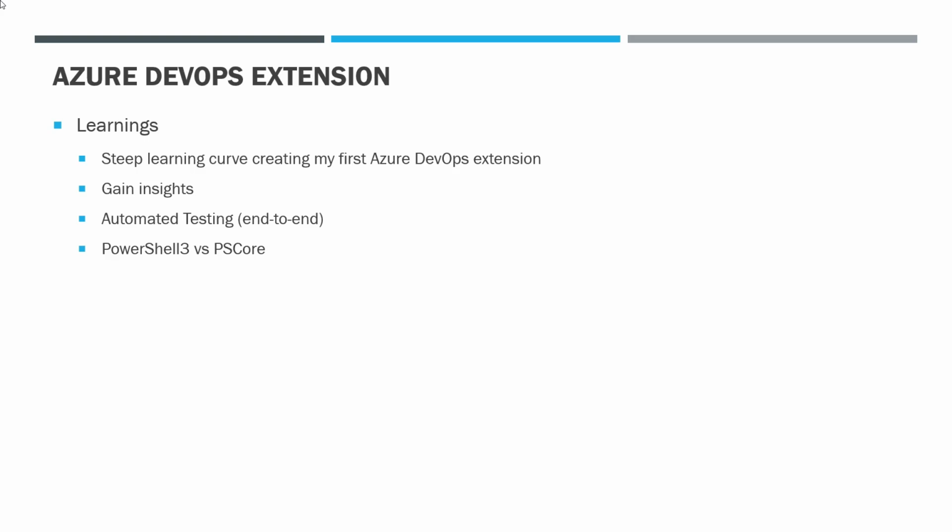Some takeaways or learnings for me. Personally, it was my first Azure DevOps extension I created, and it was a little bit of a steep learning curve to get started. But I think it's also a great idea to get some insights on that, because then you also understand, if you have other extensions, what issues they may have or what challenges they have to overcome. One of them was, for example, on the PowerShell running.